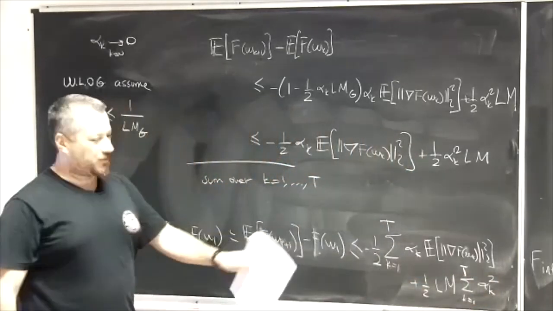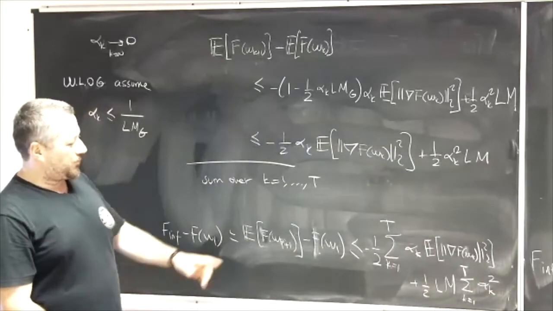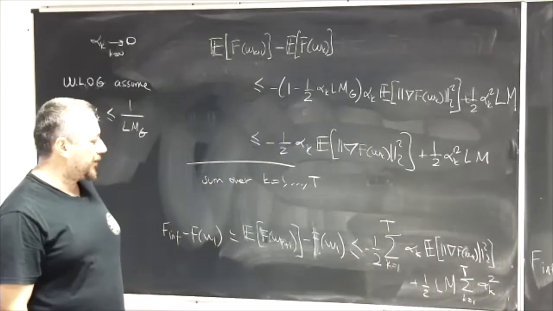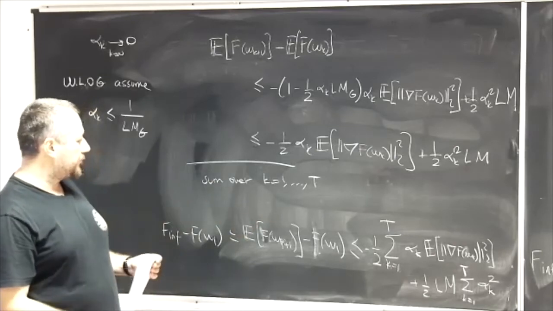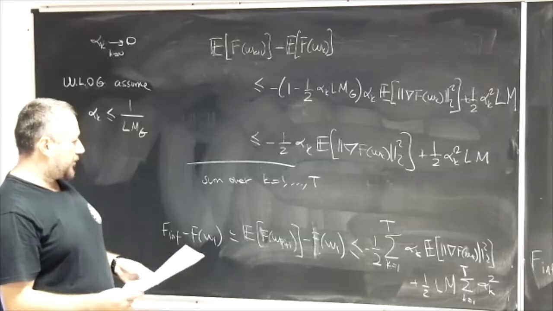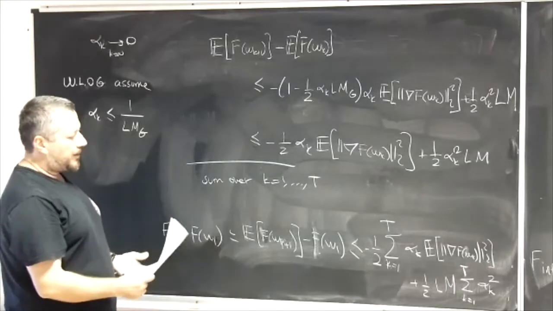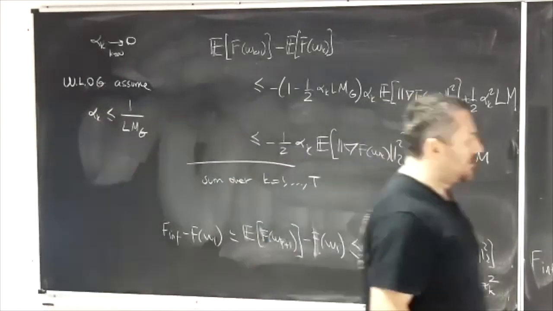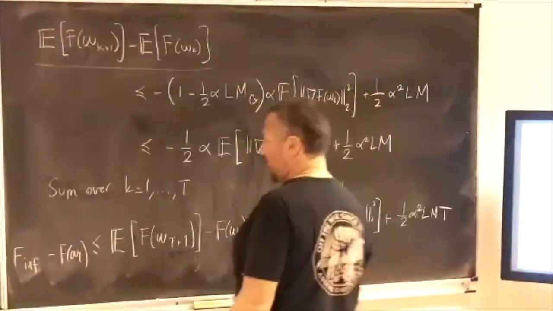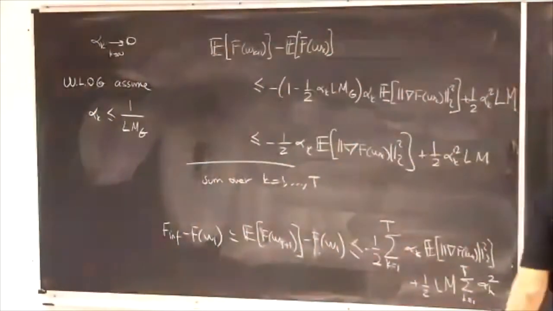It's good that we have a square there, because we assume that the sum of the squares is finite. So the right-hand side is a finite sum. After you rearrange this, you can see that, let me write it down.